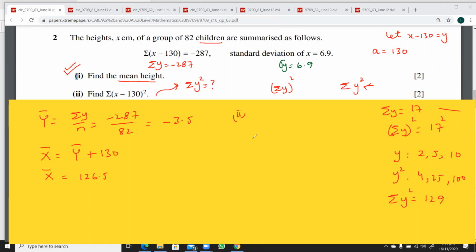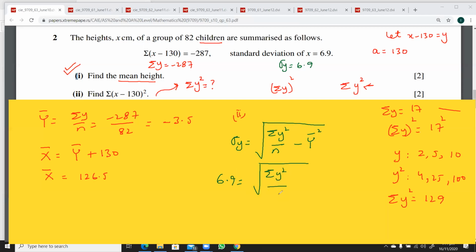Now, using that formula that I just gave you, the standard deviation of y is going to be the square root of sigma y squared over n minus the mean of y squared, okay? So now we can write here 6.9. We have to find this sigma y squared.